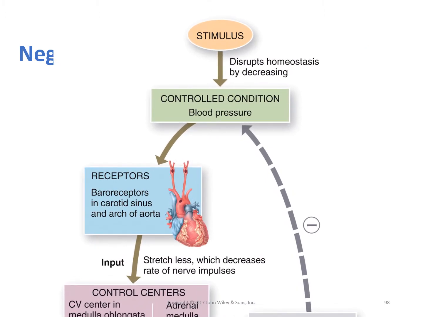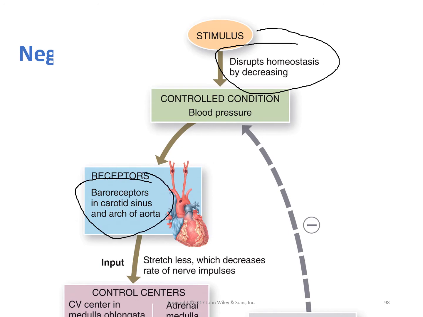The stimulus here is a disruption of the blood pressure, and this is monitored by baroreceptors in the carotid sinus and the arch of the aorta.